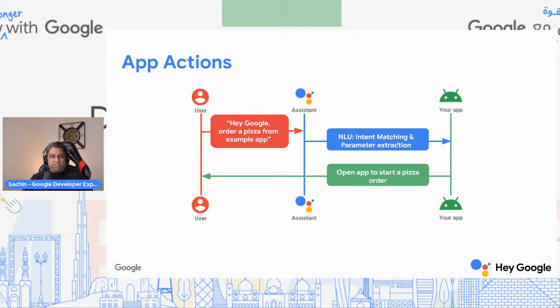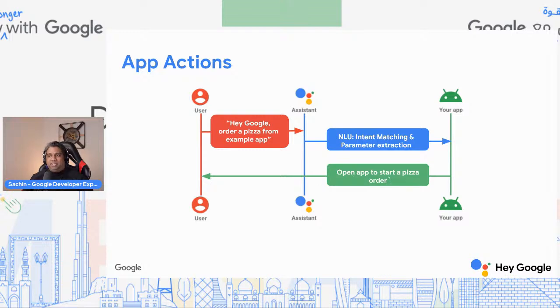Intent matching happens. So what is intent matching? Intent matching is basically all about, based on the conversation, what exactly is this user trying to say? That's the intent of the conversation. Once intent matching happens, parameter extraction is where you extract key information. Here, order a pizza is the key information, and then your app processes it.